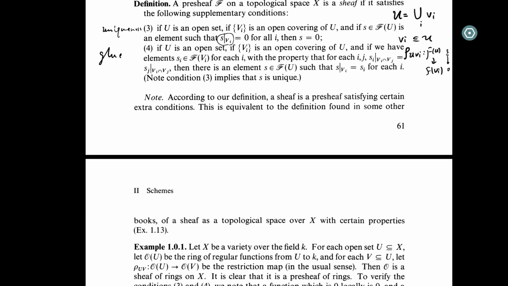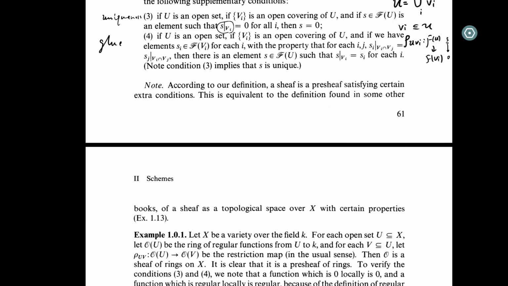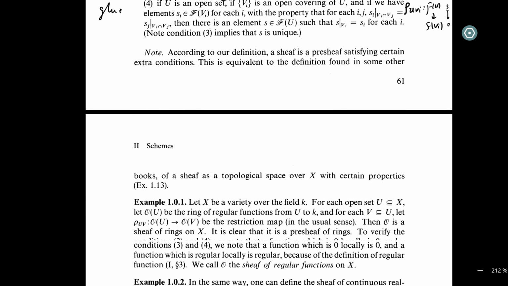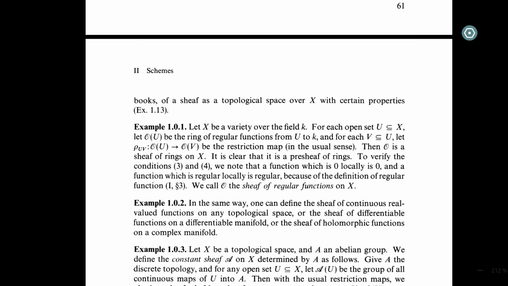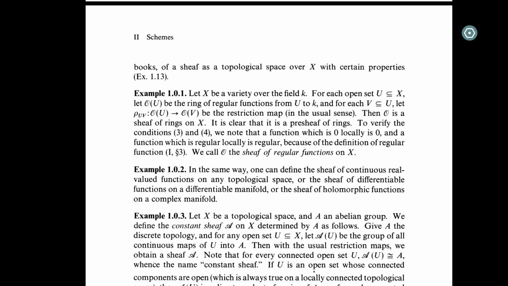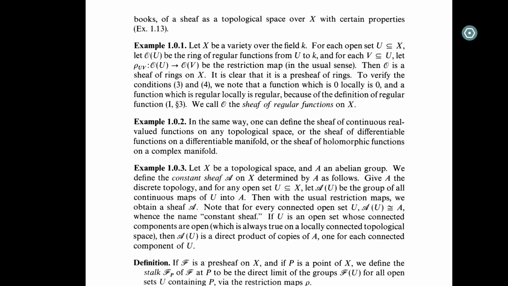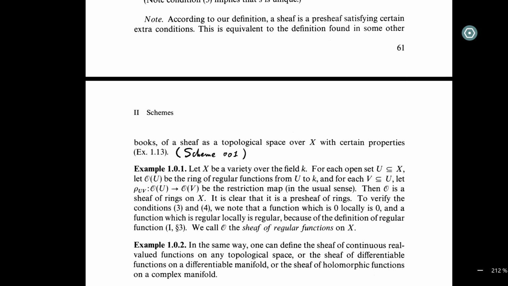According to our definition, a sheaf is a pre-sheaf satisfying certain extra conditions. This is equivalent to the definition found in some other books. When we have time, we will explain this equivalence of definitions of sheaf.